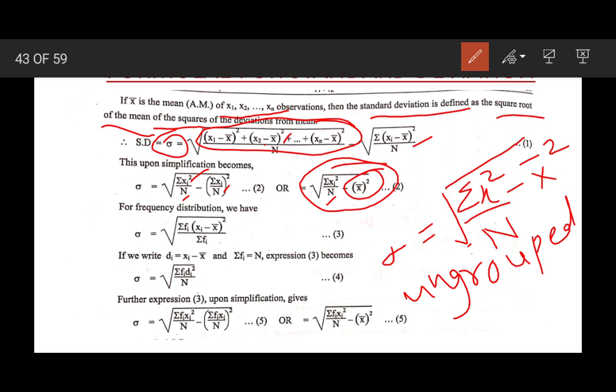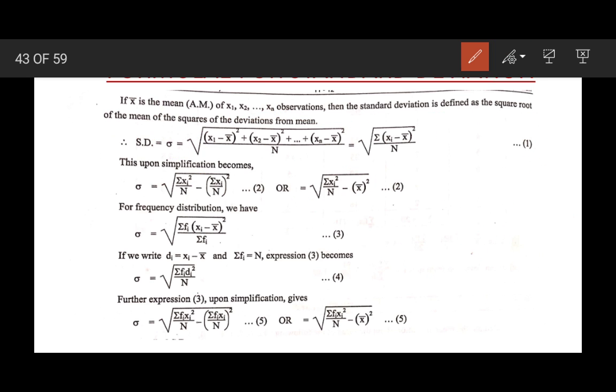Then for grouped data, what are we going to use? We use the formula under root summation f into x minus x bar whole square upon summation of f. We multiply the formula with frequency.